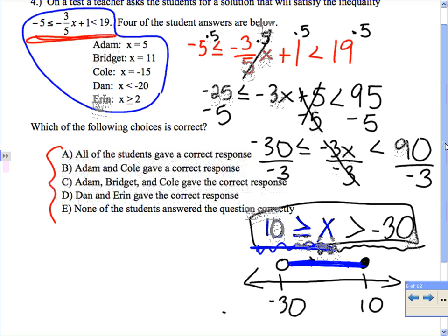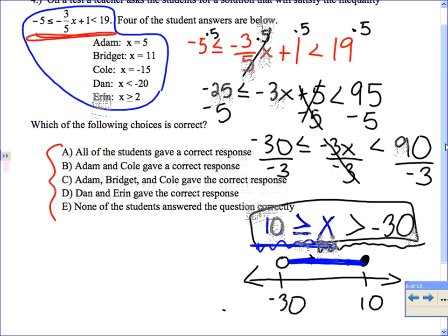Okay, so if x is between -30 and 10, let's look at Adam's answer. So I'm going to go back up here where I'm drawing the star right now. So if x equals 5, is Adam right? Can x be 5? Yeah, 5 is about right here. So yes, that works. X can be 5. Bridget said x is 11. 11's over here where I'm drawing this blue line.